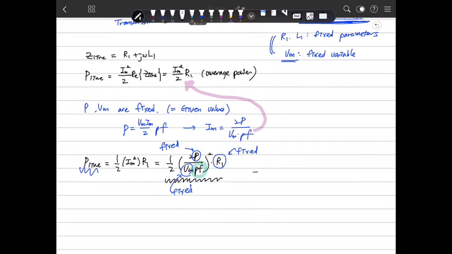So increasing the power factor can make the power line loss minimized, reduced.